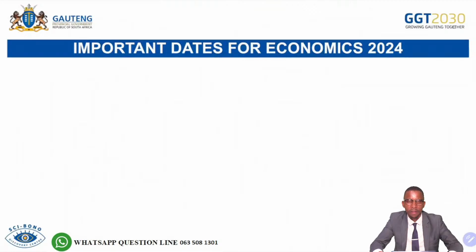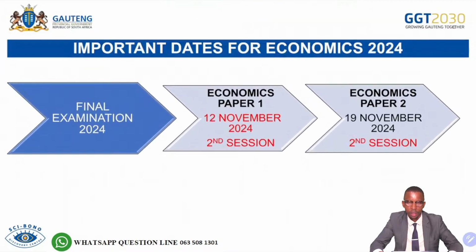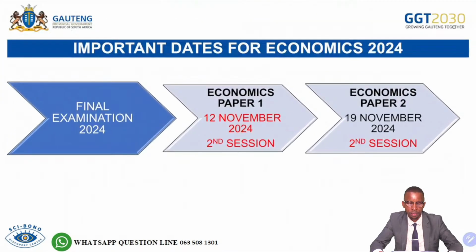The following are the very important dates for you in economics for the academic year. For our final examination, we have economics paper 1, which will be written on the 12th of November 2024 as a second session. That means some of you will be sitting for some examination papers in the morning, starting from 9.